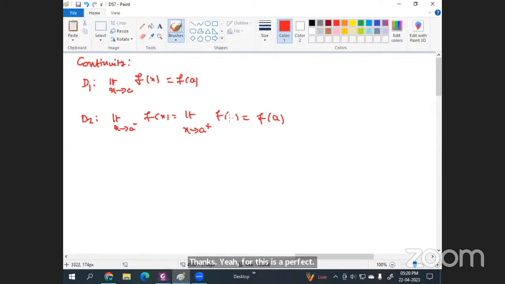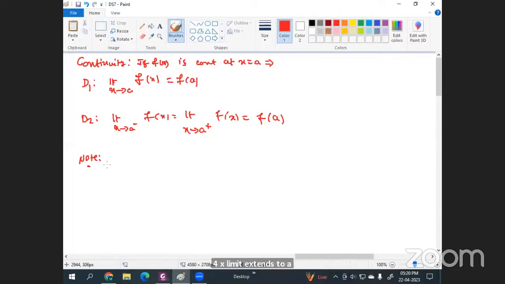So if f of x is continuous at x equal to a, then limit x tends to a of f of x equals f of a, limit x tends to a minus of f of x, and limit x tends to a plus of f of x equal to f of a.